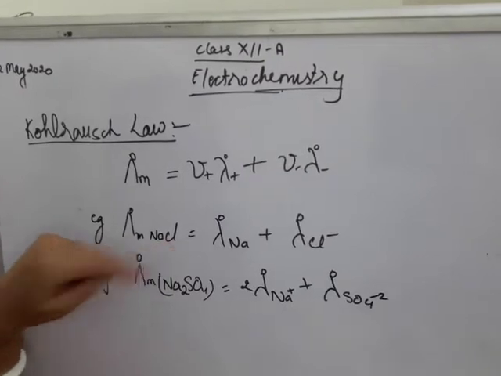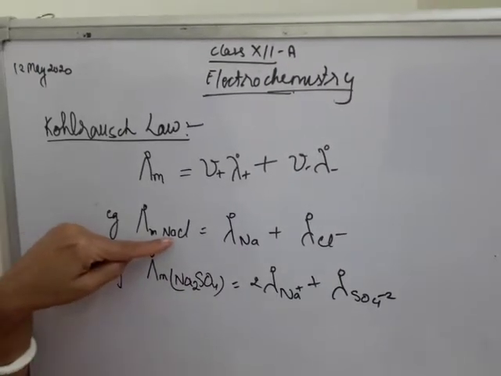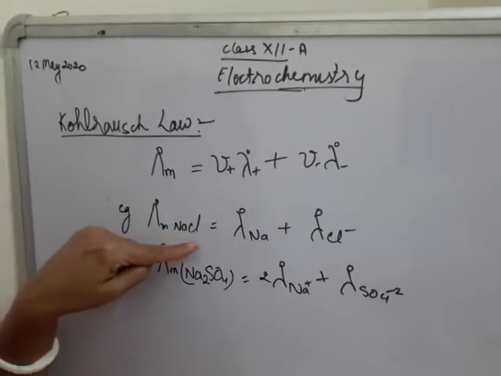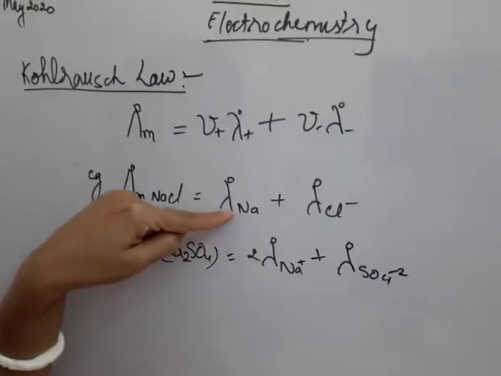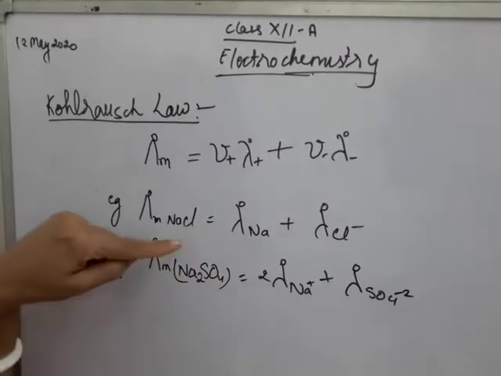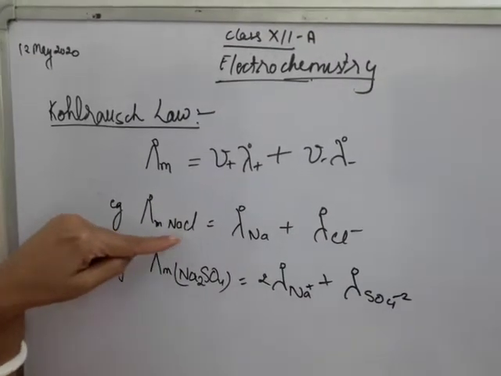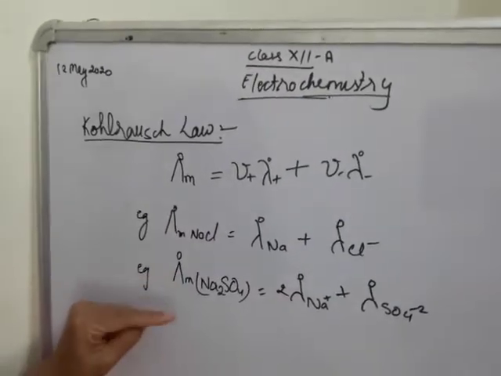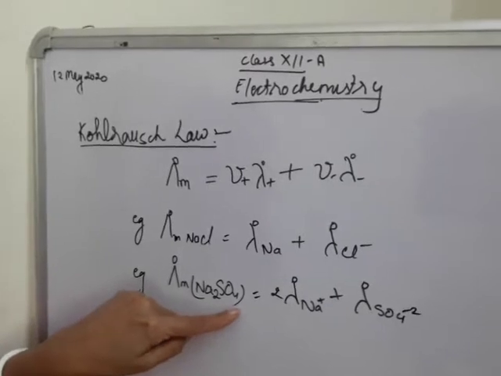First electrolyte, I have NaCl because it has one cation and one anion only. So simply the limiting molar conductivity of NaCl will be limiting molar conductivity of sodium plus limiting molar conductivity of the chloride. So what happens if I do not have this simple formula? Let us see. Say, for example, I am required to find out the limiting molar conductivity of sodium sulfate.